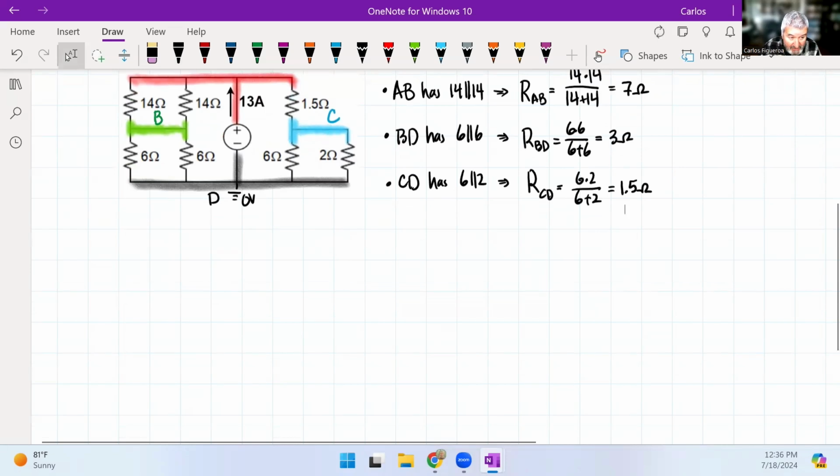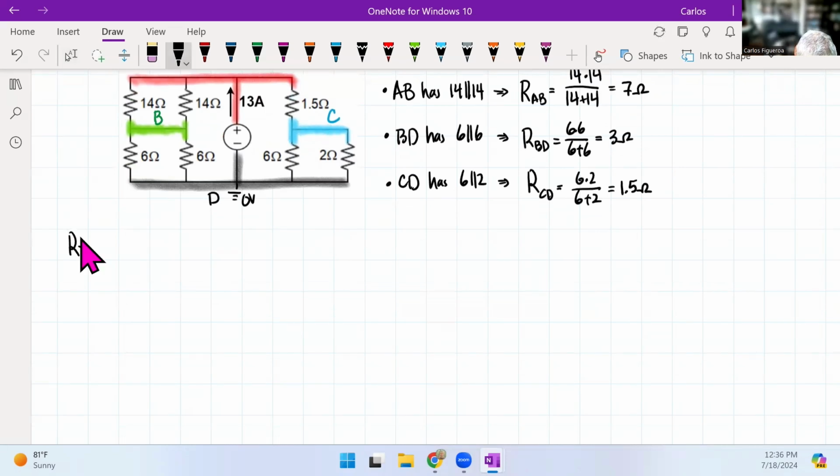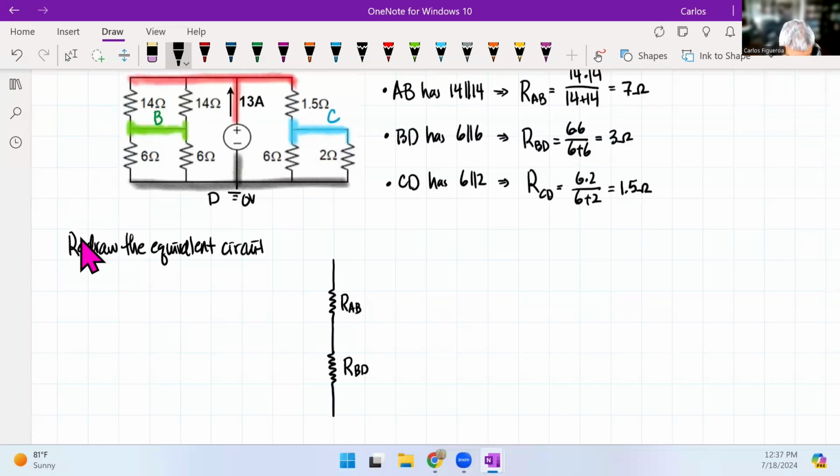Now let's redraw the equivalent circuit. I'm seeing that the resistance A to B is going to go like this, that's A to B. And then I'm going to have another resistor, which is the resistor between B and D. This is 7 ohms.